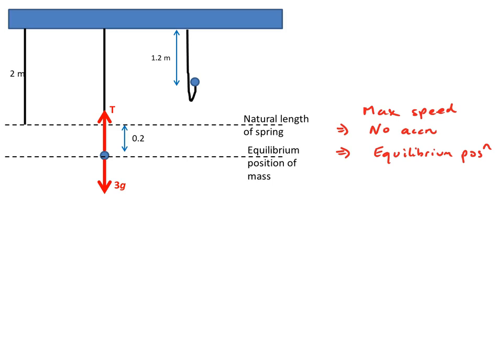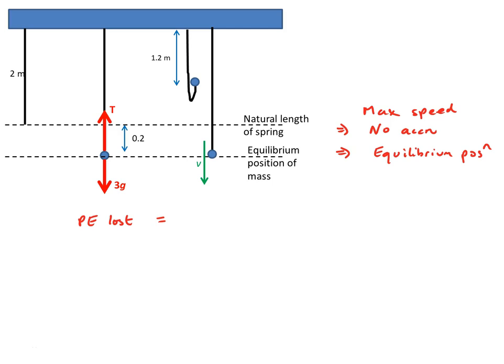To find this maximum speed, we can use an energy balance. So, in the initial position, the particle is 1 meter above its equilibrium position, and it's going to be losing some potential energy as it falls from the starting position through to the equilibrium position.